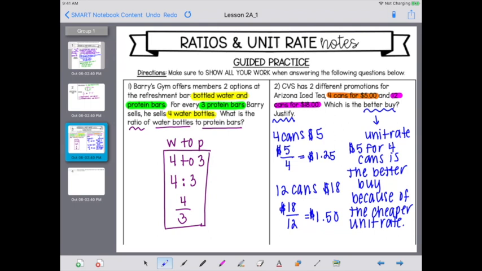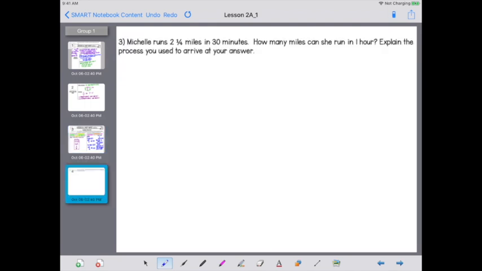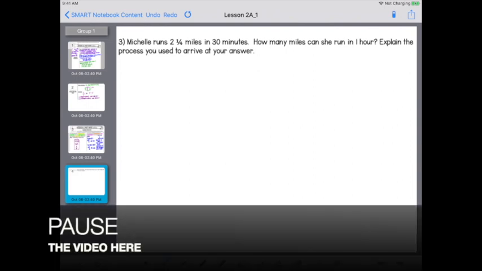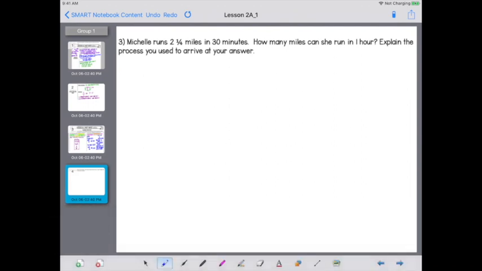So moving on to number 3. Try this one on your own, and then come back and we will work on it together. So for number 3, Michelle runs 2.25 miles in 30 minutes.